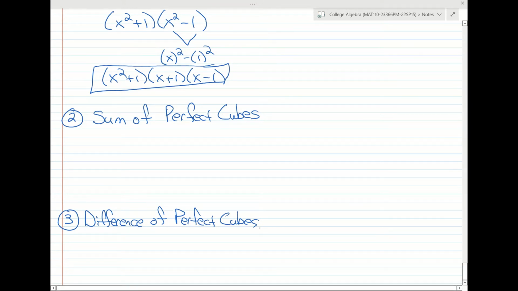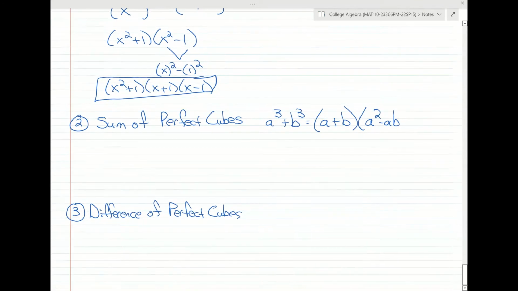The formula for this is if you have something cubed plus something cubed, the formula would be a plus b times a squared minus ab plus b squared.